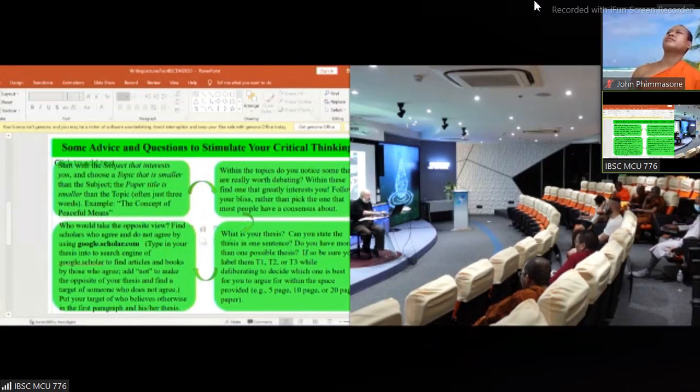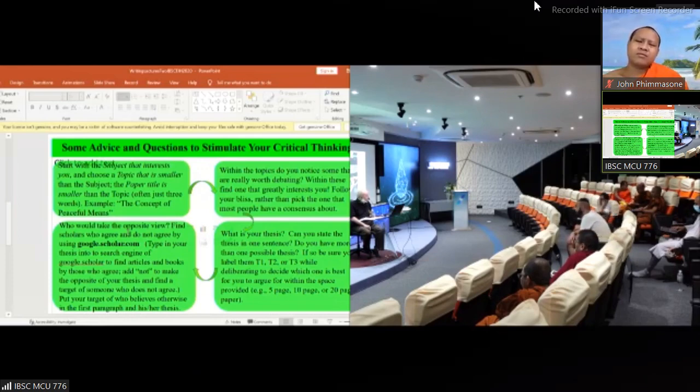Well, another thing you can do to stimulate your critical thinking is to think who would take the opposite point of view. And for that, you need a tool, not just google.com, but googlescholar.com. If you've been in China, you might never have had the benefit of that, but many people find Google Scholar very useful.